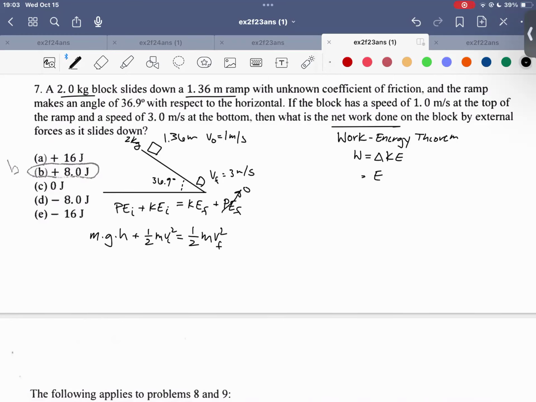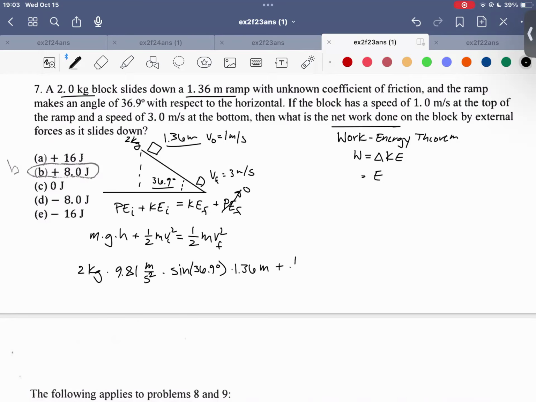We say 2 kg times 9.81 meters per second squared times our height of whatever this is, so we're going to have to use our trig function to get that. So sine 36.9 degrees times 1.36 meters. We have to do our kinetic energy too.